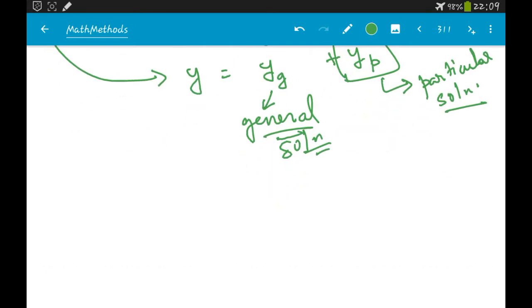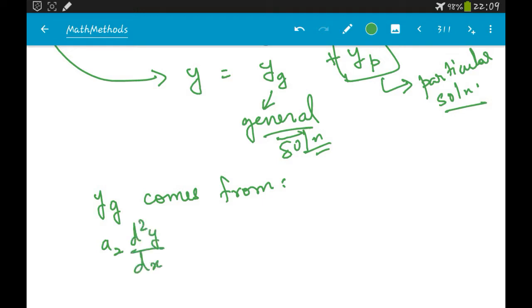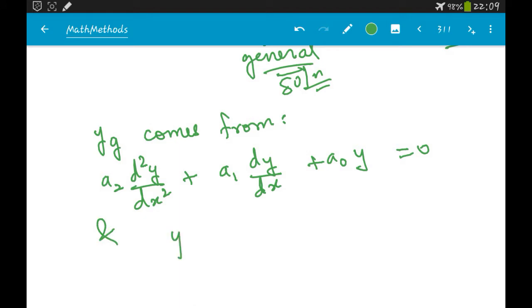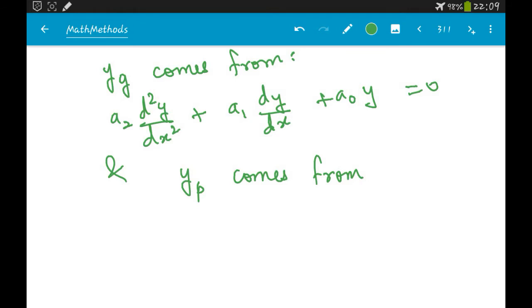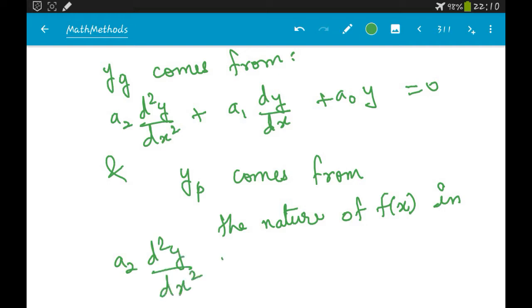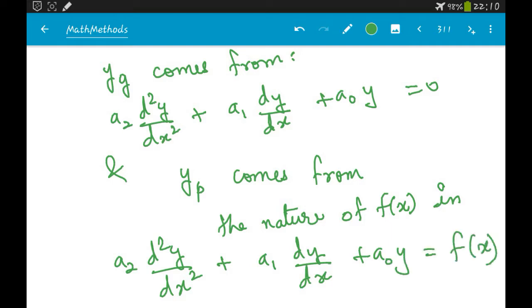Just to reiterate, yg comes from a2 d2y by dx square plus a1 dy by dx plus a0y is equal to 0, and yp comes from the nature of f of x in a2 d2y by dx square plus a1 dy by dx plus a0y is equal to f of x.